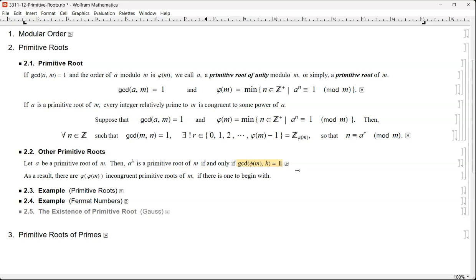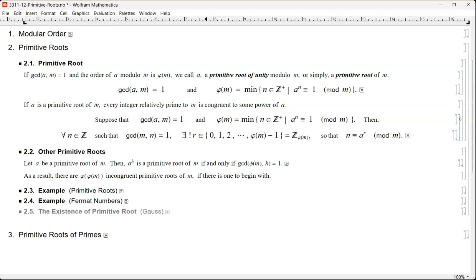How many? Phi of m. So there are phi of m incongruent primitive roots of m, if there is one to begin with. Is that clear? If that is not really clear, then maybe I can leave that as an exercise as well. Okay, in any case, remember, there are phi of m incongruent primitive roots of m, if there's one to begin with.